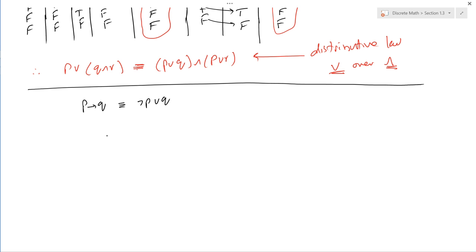So let's use the truth table. So the question is, prove that this is logically equivalent.